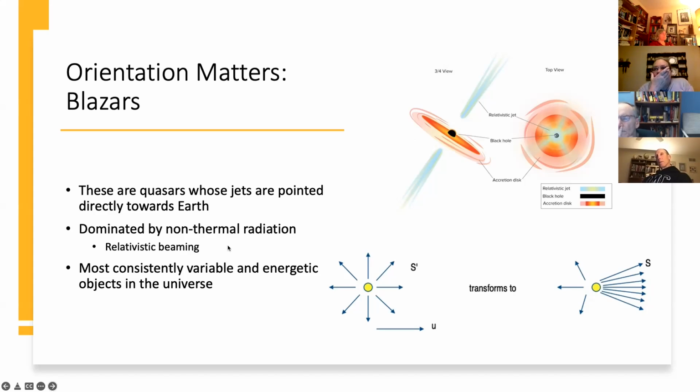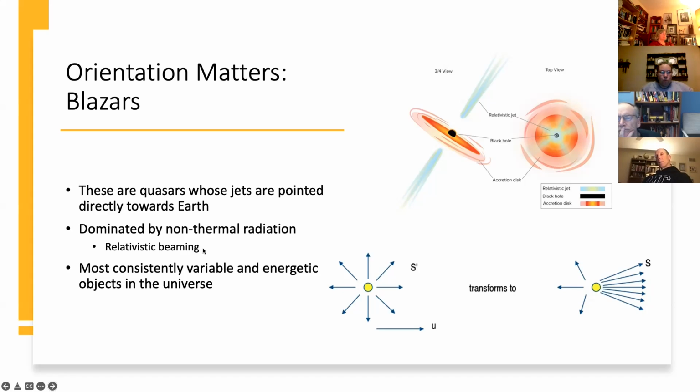In this case, blazars are dominated by non-thermal radiation, which is emission due to charged particles, not due to heat, like thermal radiation from the sun, but due to particles accelerating and changing trajectory, which emit light.